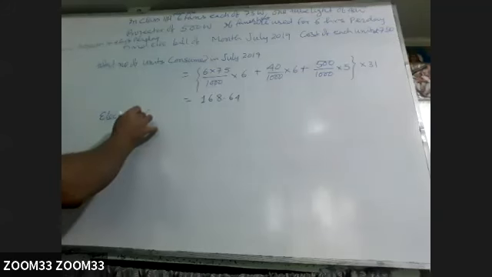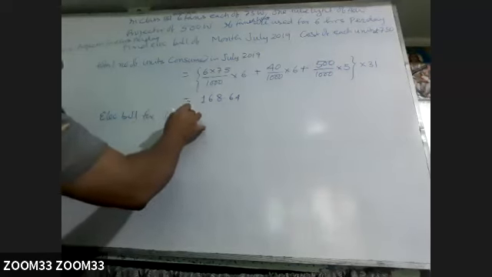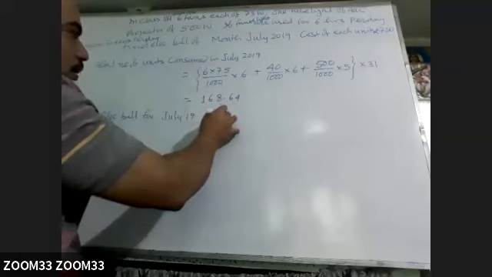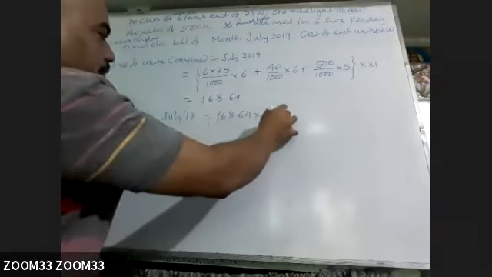Electric bill for July. 168.64 into rupees 750.